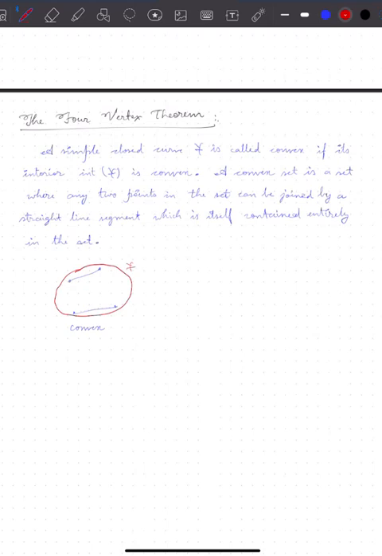However, this is not convex. Let's find out the reason why. We have these 2 points we can connect by a straight line. These 2 as well we can connect by a straight line.